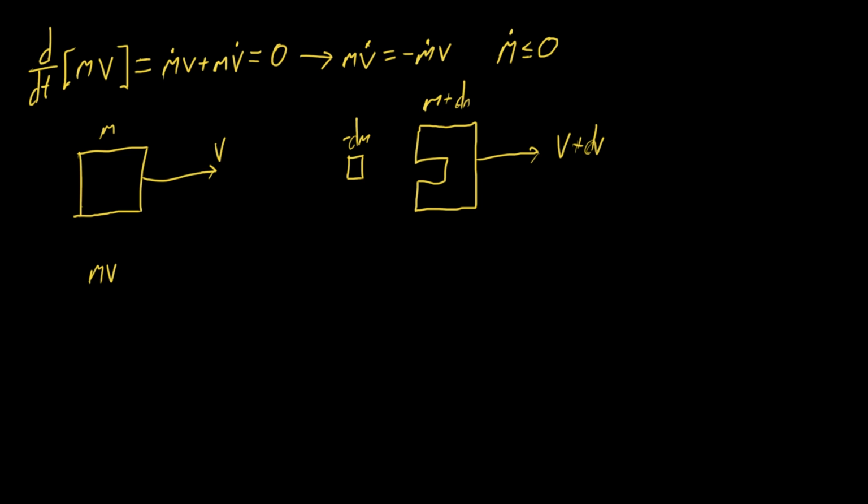Cool. So then we're going to quantify the velocity of this dm here. Relative to the rocket, whatever you want to think of this as, it's going to toss fuel at some exhaust velocity, and we'll denote that with v_ex. So relative to the rocket.